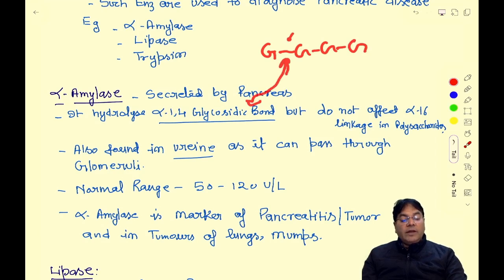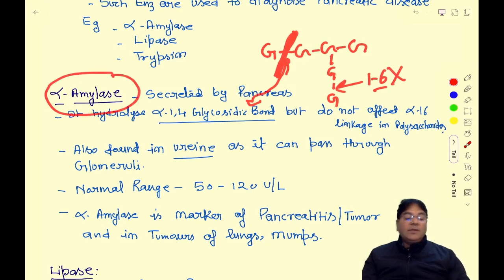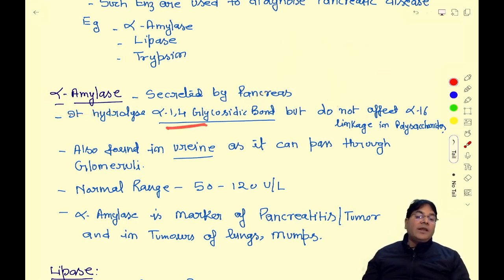Now this 1,4 glycosidic linkage is actually hydrolyzed by this enzyme. But if side groups inside the glucose molecules are present in the polysaccharide, then this linkage is 1,6 linkage, and it is not affected by this enzyme. So this enzyme only affects the 1,4 linear linkage, but not the 1,6 side linkage.